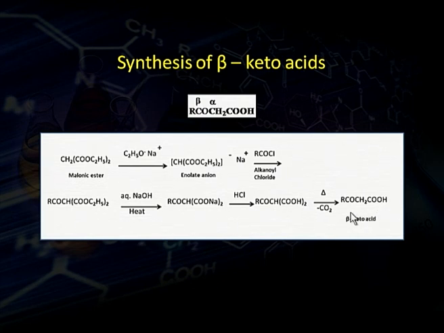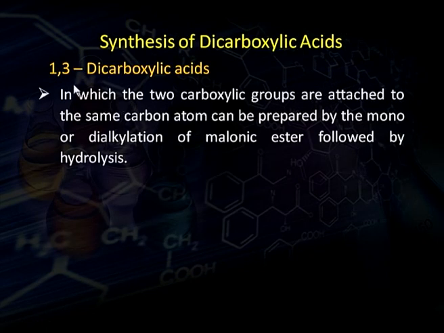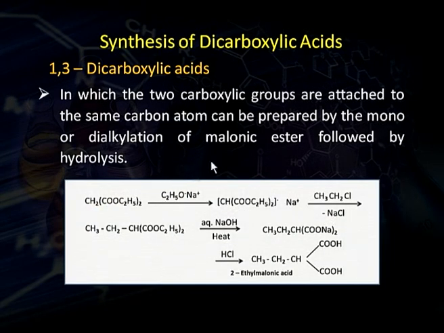In a similar way, we can prepare by this method also 1,1-dicarboxylic acids, that is, those in which two carboxylic groups are attached to the same carbon atom, which can be prepared by mono or dialkylation of malonic ester followed by hydrolysis.